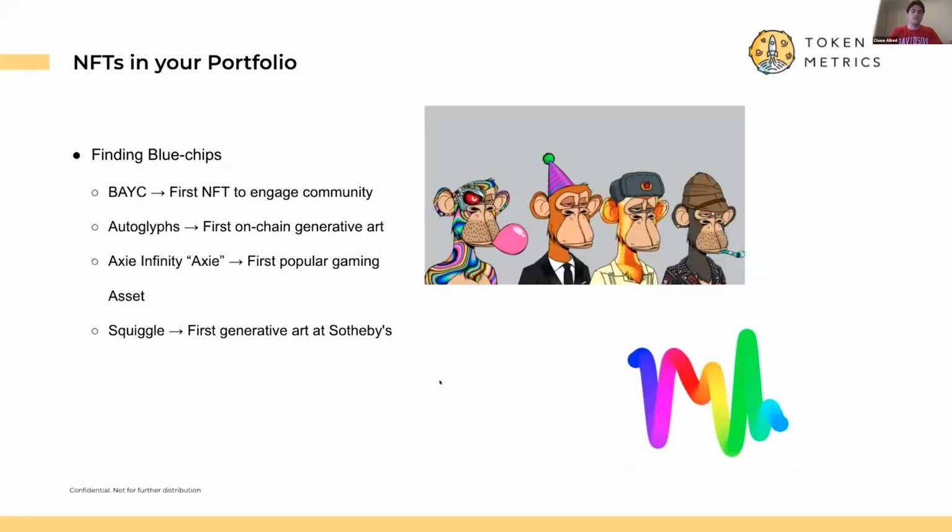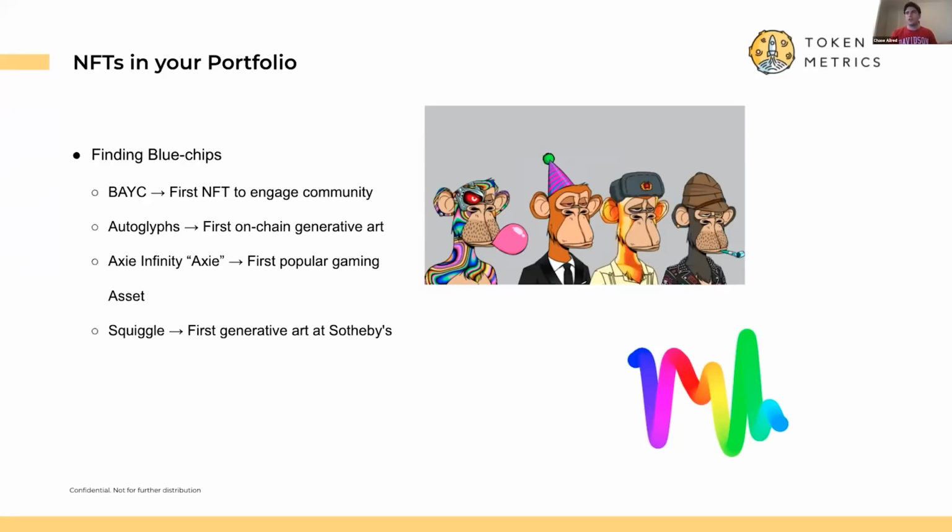So as far as finding NFTs, what we do at Token Metrics, we are always looking for those undervalued blue chips. And how we think of blue chips is we think of projects that will be in the NFT museum in 10, 15, 20, 50 years down the road. The projects that will make it into this museum are the ones that were the first. They innovated, they were trailblazing in some way.